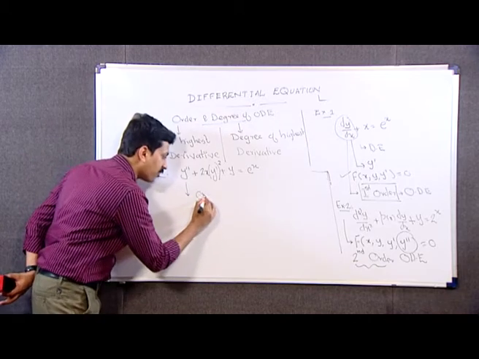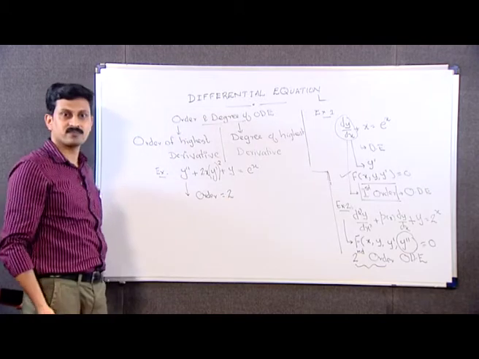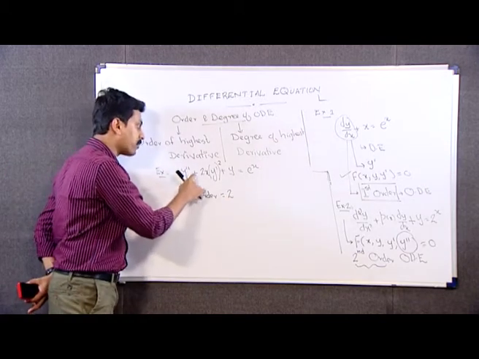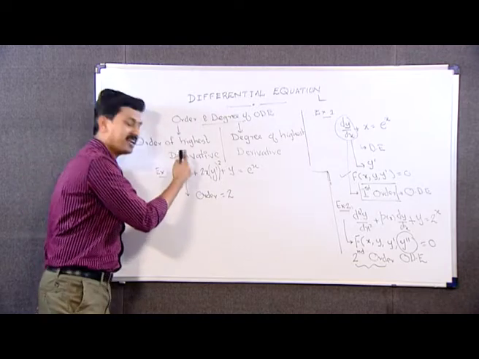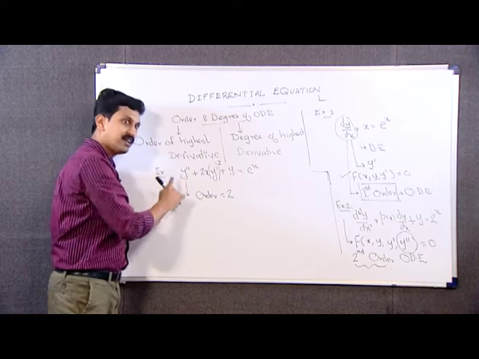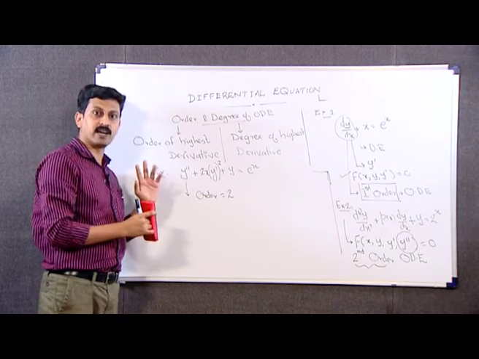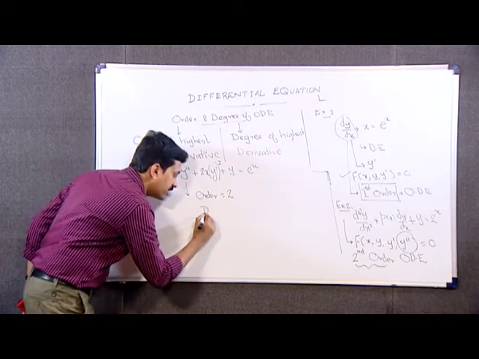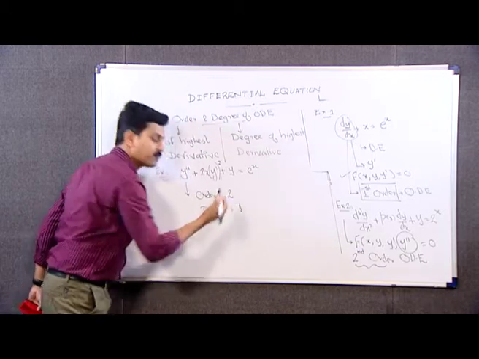Therefore, the order of the differential equation is equal to 2, and we consider the maximum power of the highest derivative. Only y double dash exists here, so its power is 1. Therefore, the degree of the differential equation is equal to 1.